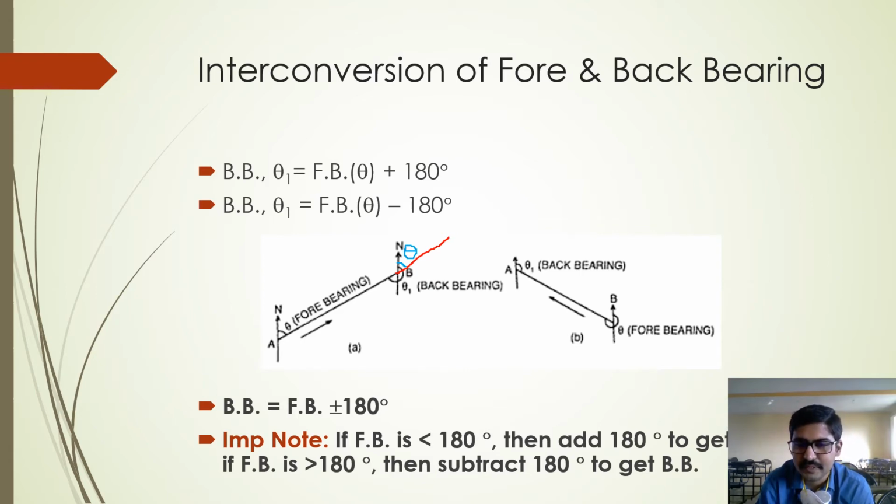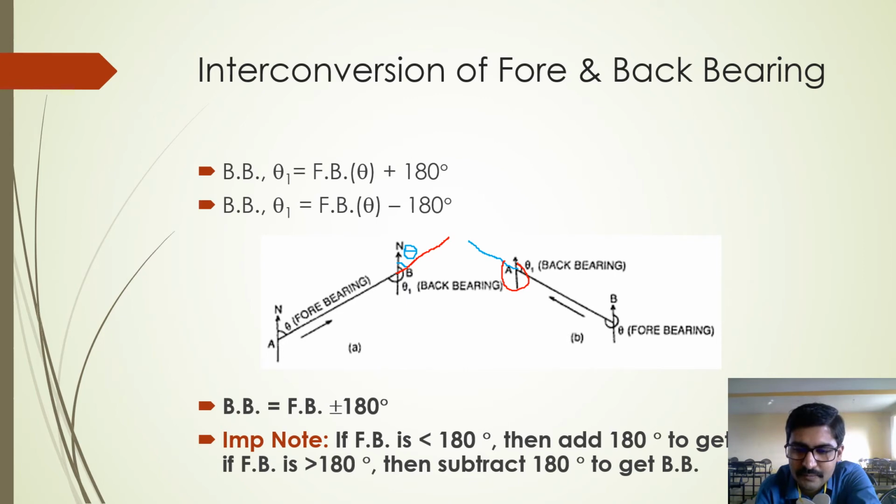Here you are going to have minus 180 degrees. In a similar way, you can extend this line further here, right? So this will be angle theta, so theta 1 will be theta minus 180 degrees now, right?